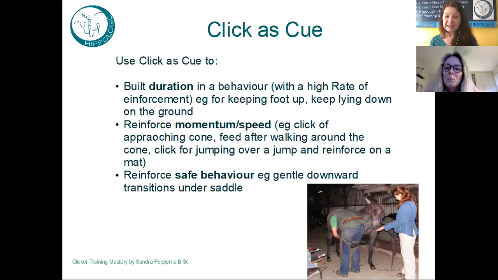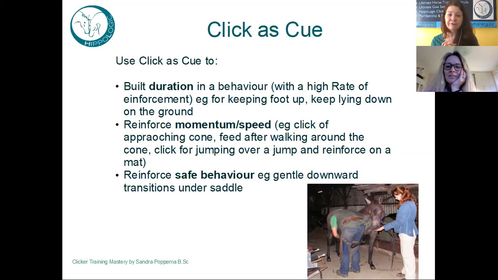I had her for 8 weeks, and she was already ready for her first trim. So I was just feeding and feeding and feeding. Because the feeding is also the reinforcing moment, holding up her leg for the farrier was really reinforcing behavior. So I built duration in that behavior in this way.